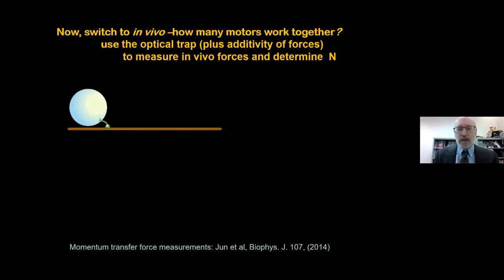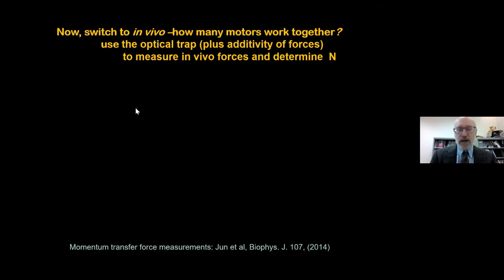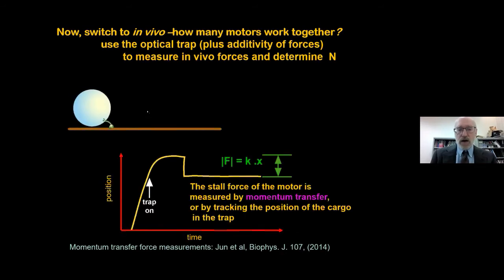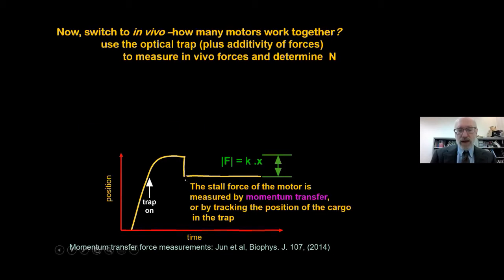So you have to be a little bit more dynamic in your approach. What you can do is see a cargo that is moving, and if you can very carefully position your optical trap over the cargo, then you can measure the force. So if you position the optical trap over it and then look at how far you go before you stall, and then how far you go when you detach from the microtubule and fall back, you can measure the force.